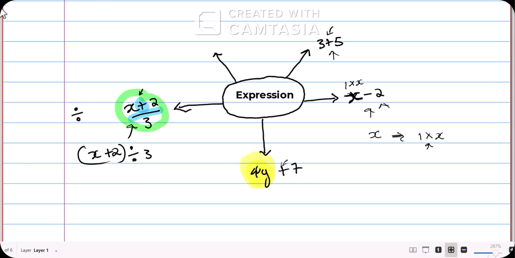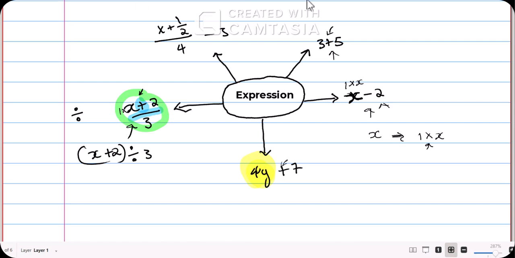Also in this one, there is a 1 times x here, but that one is not visible, so you should bear it in mind. Let's also consider this example, x plus one half divided by 4 minus 3. How many operators do we have?